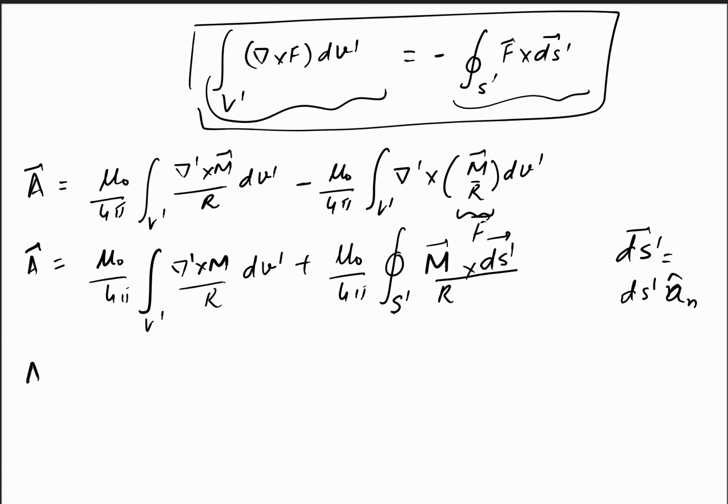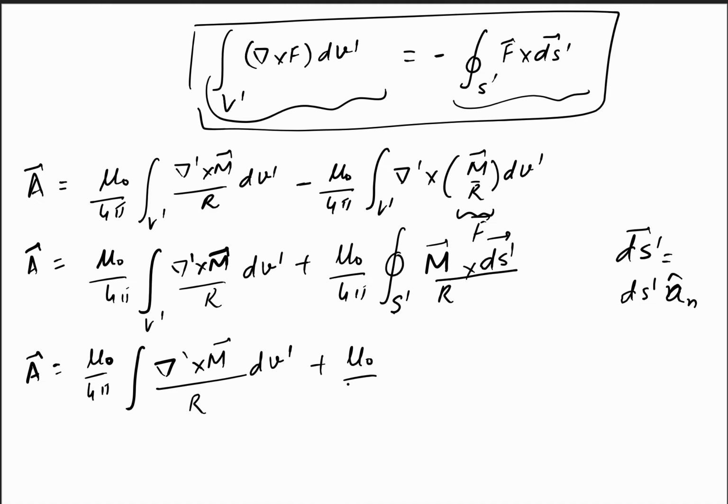So I can write A is equal to mu naught over 4 pi del dash cross M over r dV dash, plus mu naught upon 4 pi M cross an dash ds dash over r. This is over the whole volume V dash, and this is over the whole surface area S dash. This is the closed surface area.